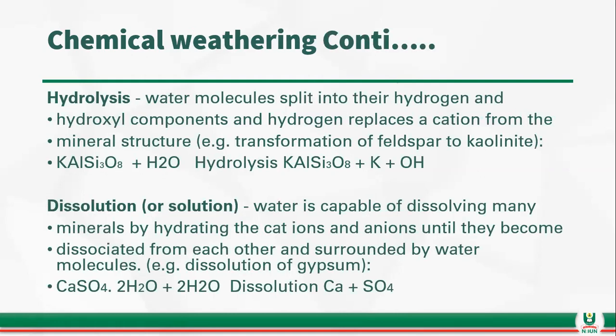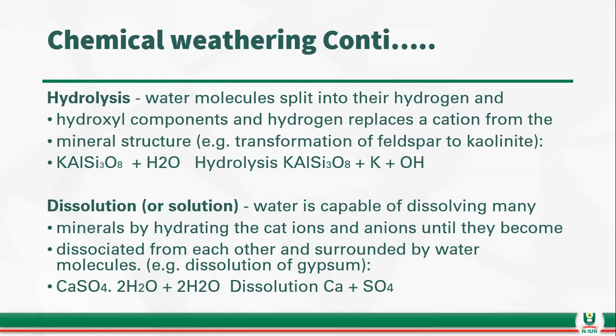We have hydrolysis. When we talk about hydro, we also talk about water. This is a procedure in which water molecules split into their hydrogen and hydroxyl components. Hydrogen replaces a cation from the mineral structure. An example is transformation of feldspar to kaolinite, and we can see the formula here.